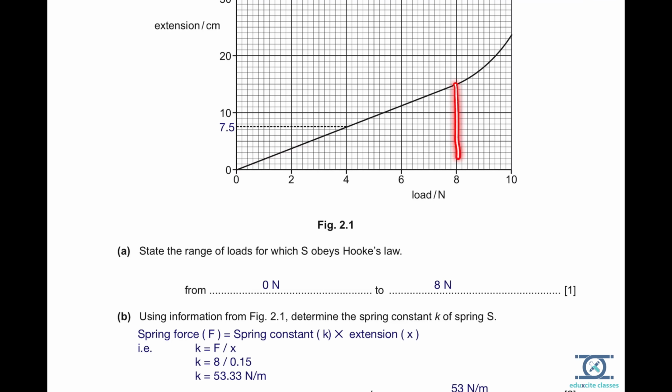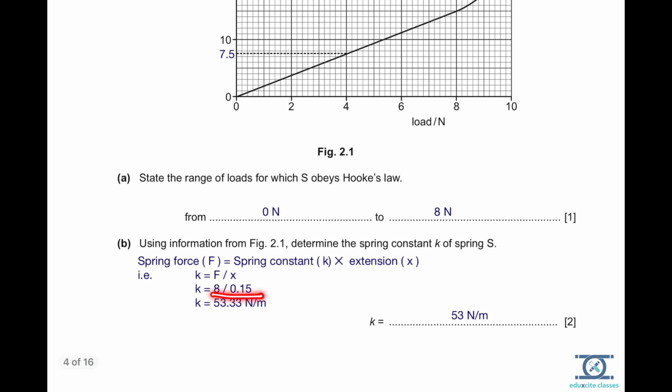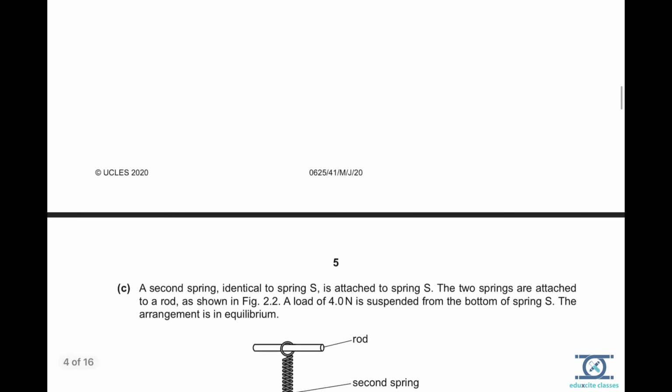So F is 8 minus 0, that is 8, and X at this point, you can see, is 15 centimeter, or converted into meter it will be 0.15 meter minus 0. So 8 divided by 0.15. So we get the value of K as 53.33 Newton per meter. And to convert into two significant figures by rounding off, we get 53 Newton per meter for the spring constant K using the graph.